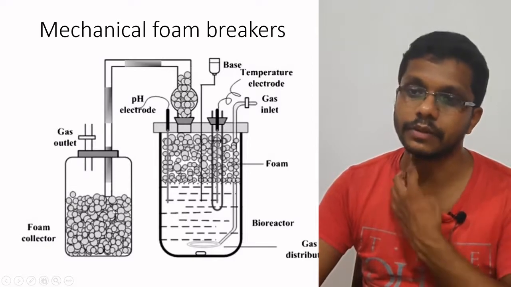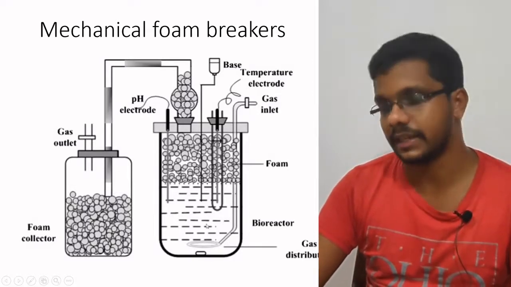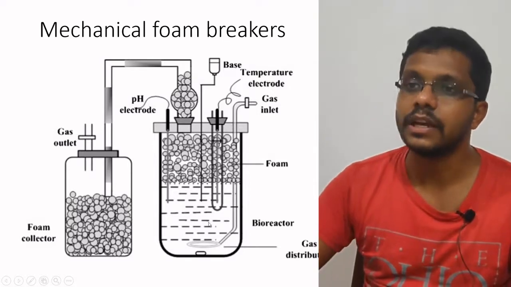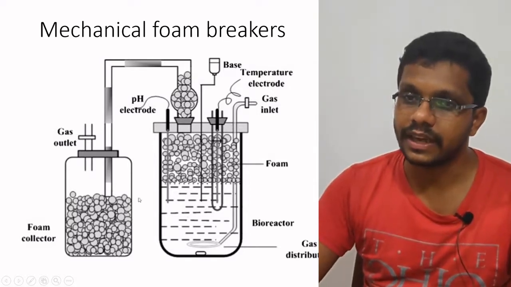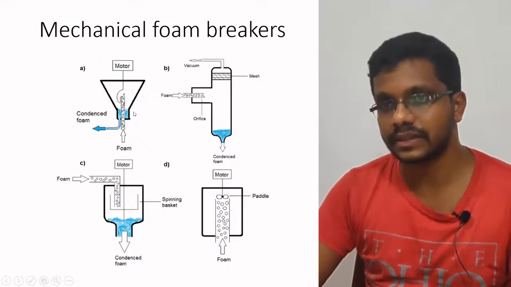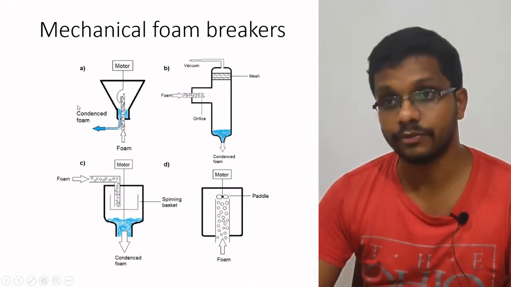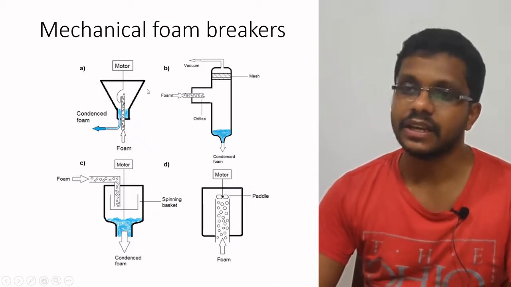This liquid will be put back in the media. So that's another setup. Here we have a separate foam collector, and we can break foam in a foam collector in different ways.